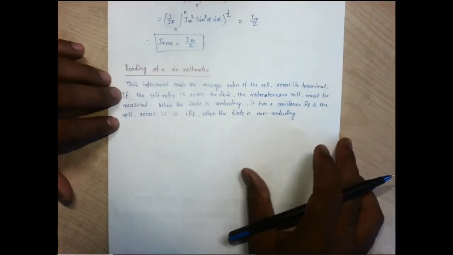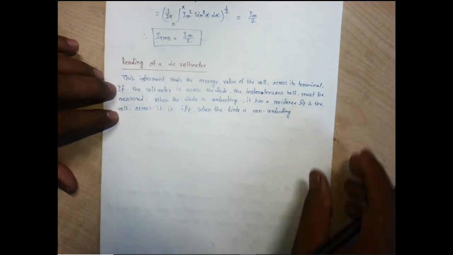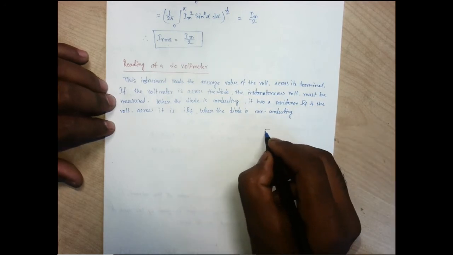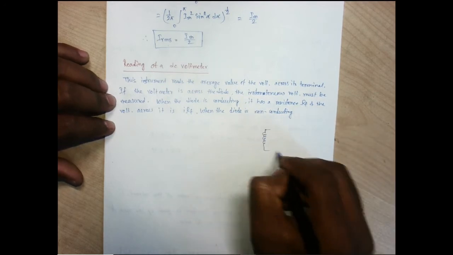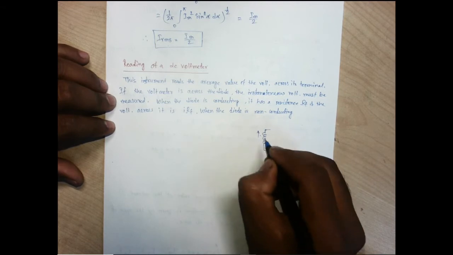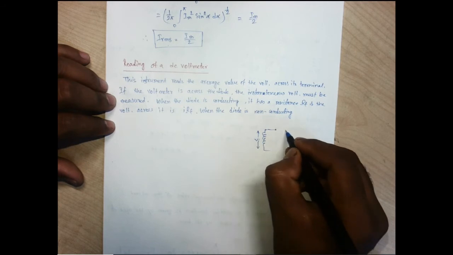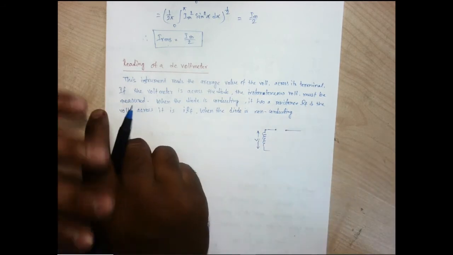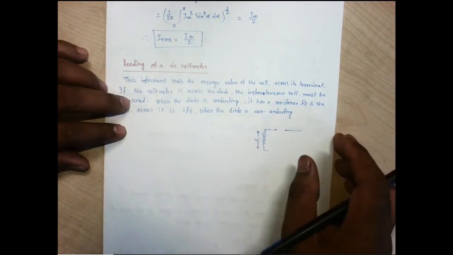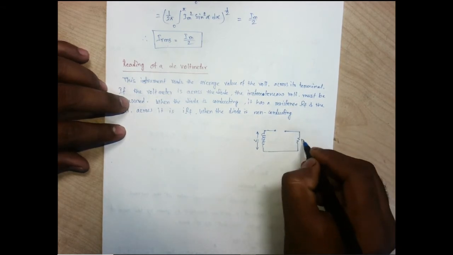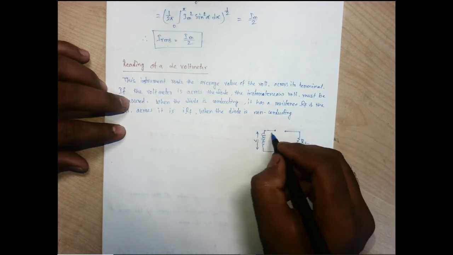I am just drawing this diagram again. Let us consider this secondary of the transformer. It is having the voltage Vi. This diode is switched off, means it is acting as an open switch. It is having this load connected with it. So no current will flow.